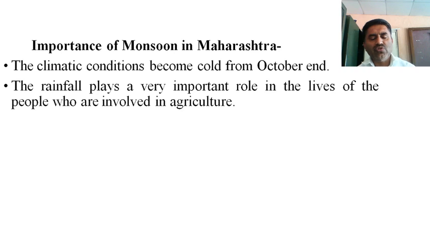Most of the people are engaged in agricultural occupation, and that's why rainfall is an essential part of agriculture, because most of the people grow their crops on the water of the rainfall. They have no facility to irrigate the crop and no availability of water, so they completely depend on the rainfall of the monsoon.